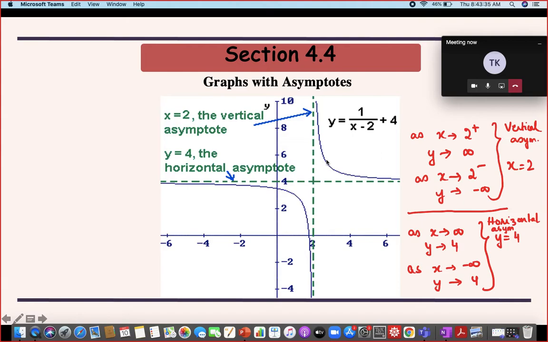The difference is going to get smaller and smaller, and the values of y are going to get bigger and bigger in magnitude. So it will tend to plus infinity.